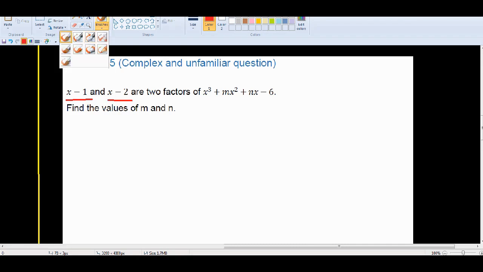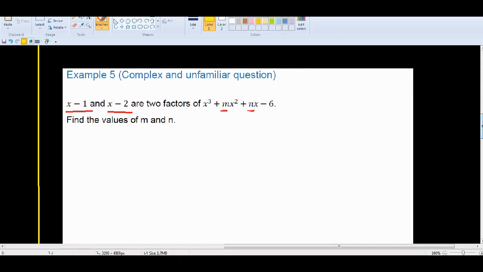The reason you need two factors rather than one is because there are two unknown coefficients in the polynomial you are looking for. So how could we find m and n? For this question, you need some previous knowledge from what we call simultaneous equations. This is from last term, if you remember.